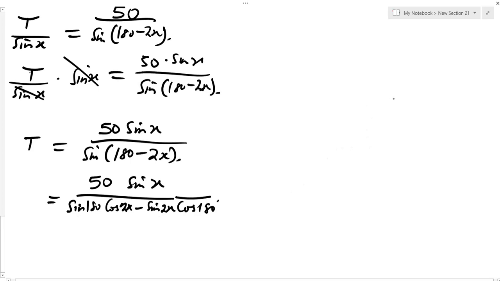Now, for a triangle where the angle is very small, sine is 0 and cos is 1, so cos 0 is equal to 1.